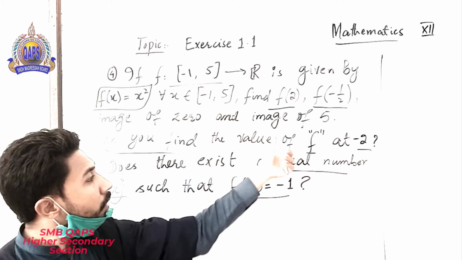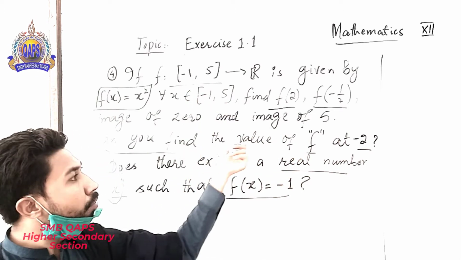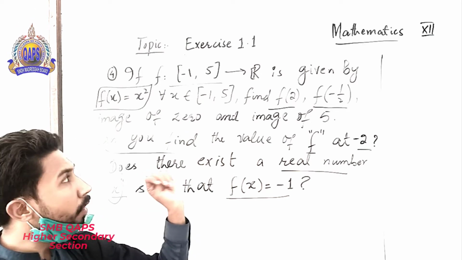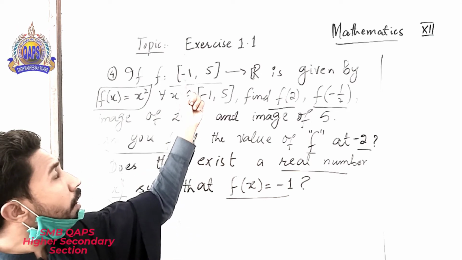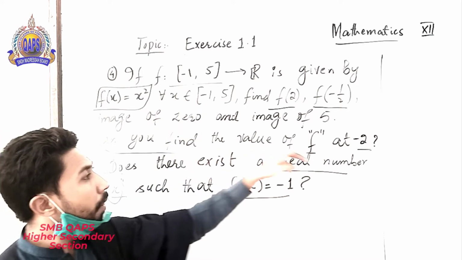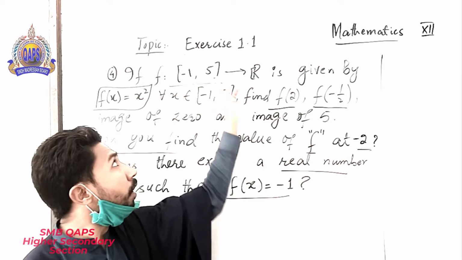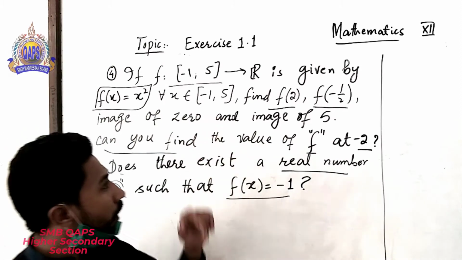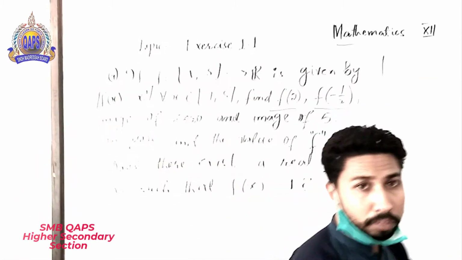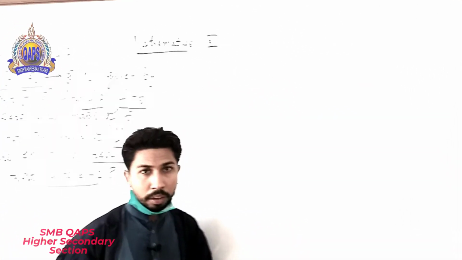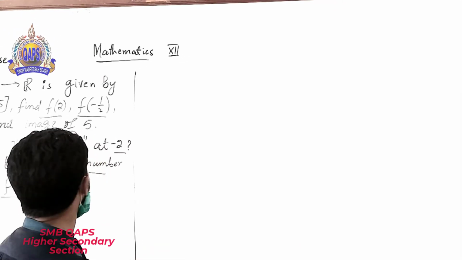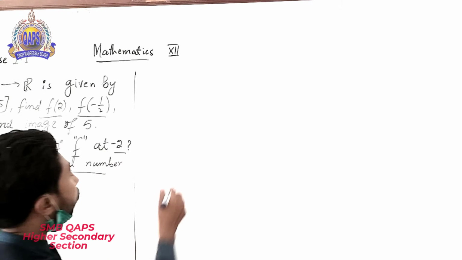So this cannot be solved in the sense of this interval, because the interval starts from -1 to 5, but there is no -2 value, so that's why we cannot solve this function. So again, here.